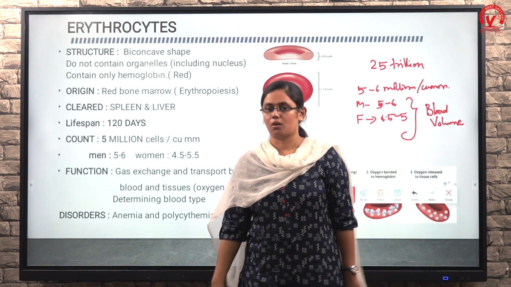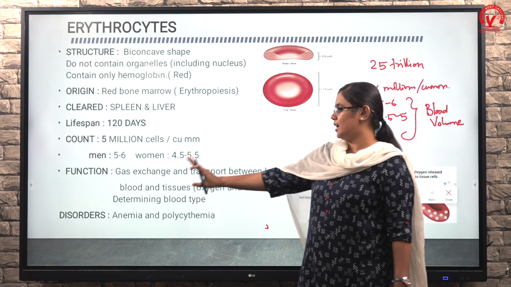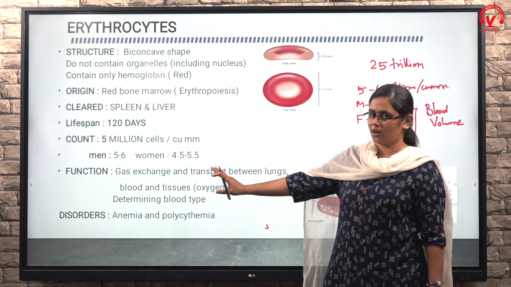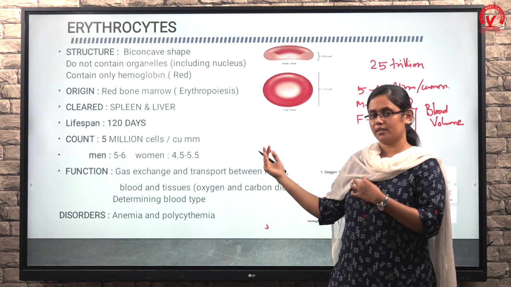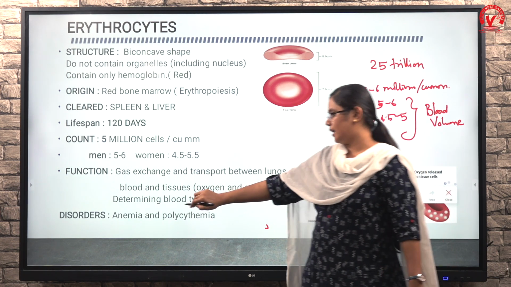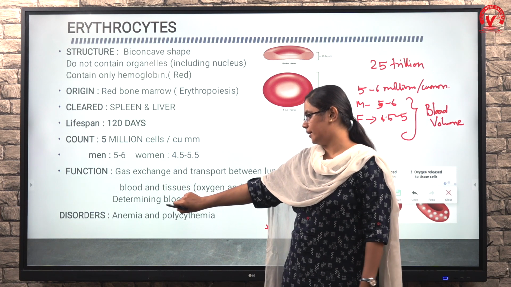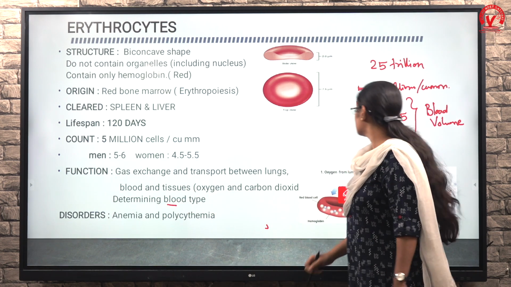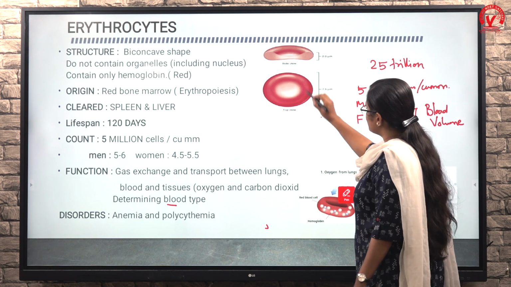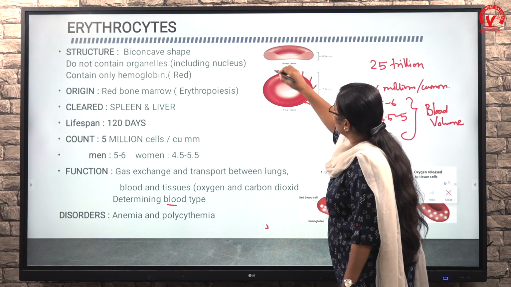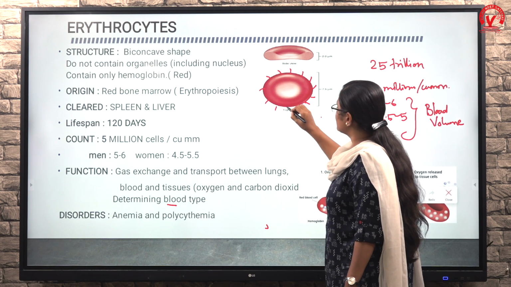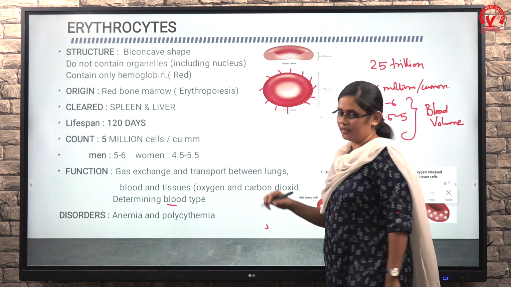Next, function. Obviously RBCs help in exchange of gases, oxygen and carbon dioxide. So they carry oxygen from the lungs to the tissues and carbon dioxide from the tissues to the lungs. Another function of RBCs is to determine the blood type. The RBCs have surface antigens. Depending upon these antigens, the blood group is decided.